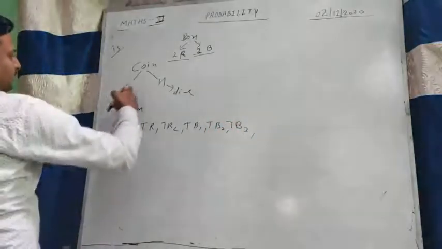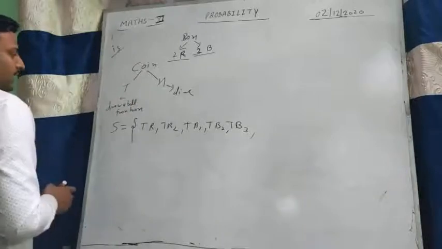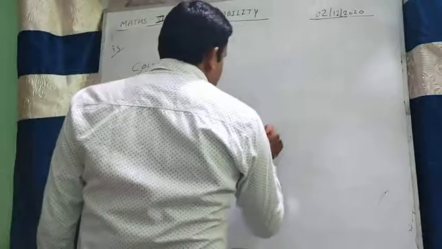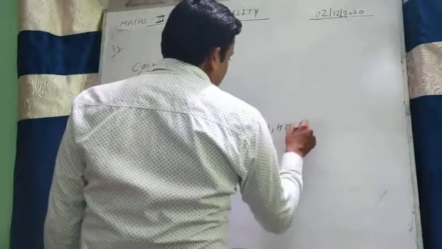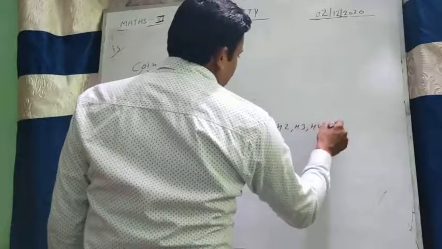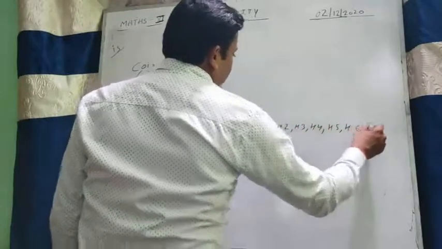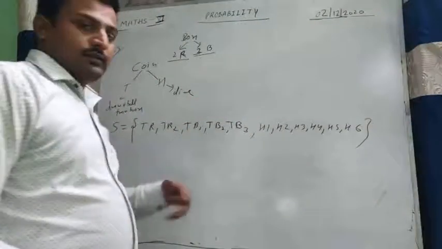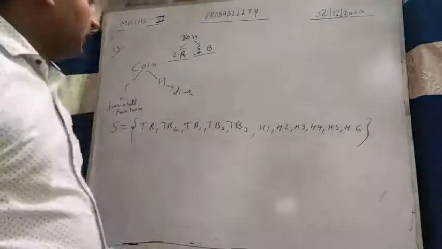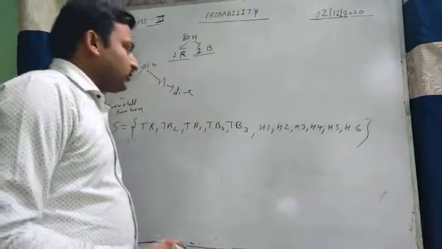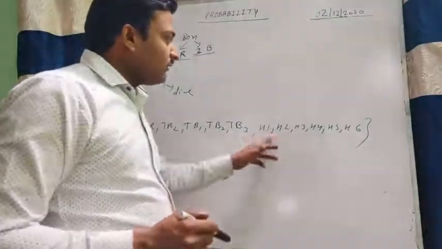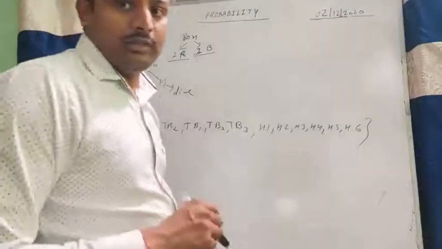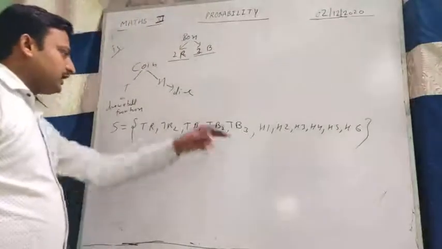This is the sample space when a tail shows. When a head shows, it will be H1, H2, H3, H4, H5, H6, because after showing a head, he rolls a die again, and the possibility is either 1, 2, 3, 4, 5 or 6. All the possibilities are there, so we can write all.